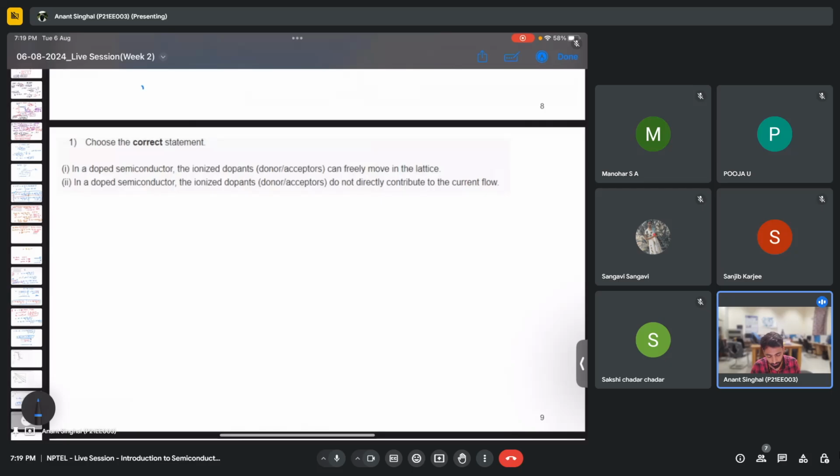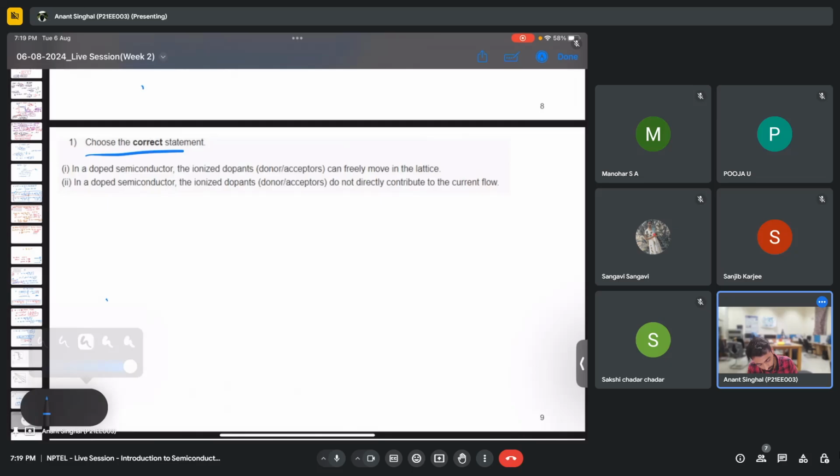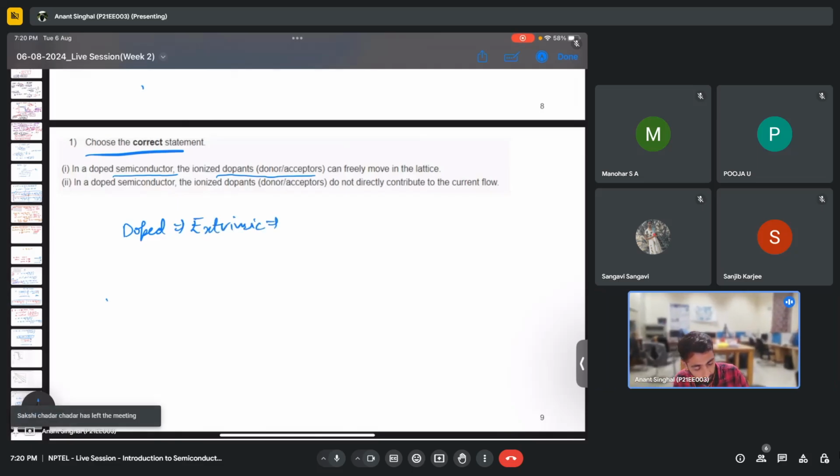So now some of the questions from this year's assignment. It is saying choose the correct statement. So it says in a doped semiconductor, the ionized dopants, the acceptors and donors. So doped means extrinsic. In extrinsic, let's say for N type, we have Nd.